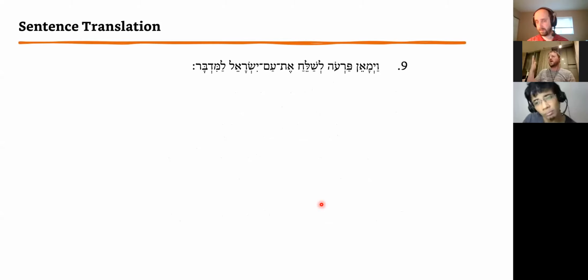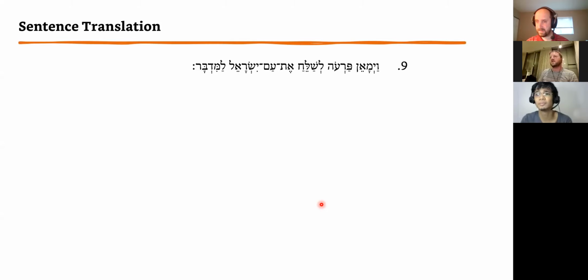This is Vayima'en. He refused, and it has a nice accent on it, called Shelshelet, which, when you sing it, is very, very long and drawn out, like saying he really refused.